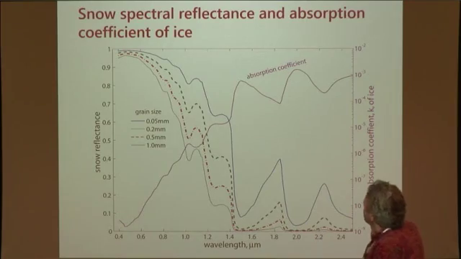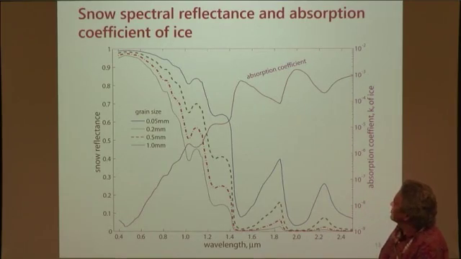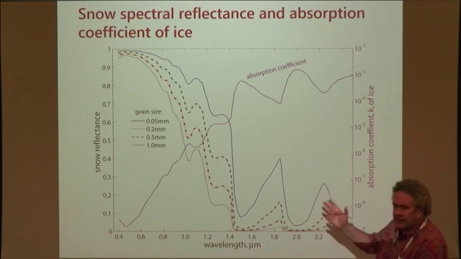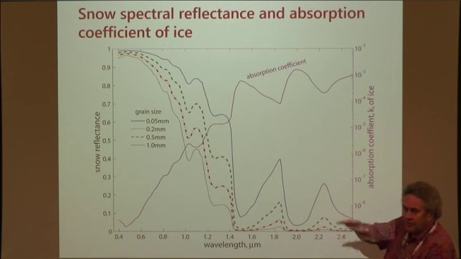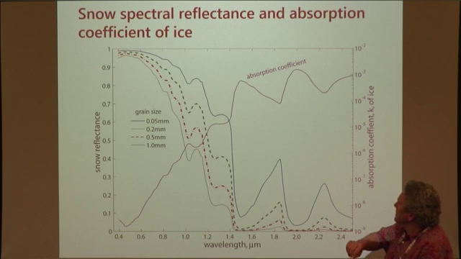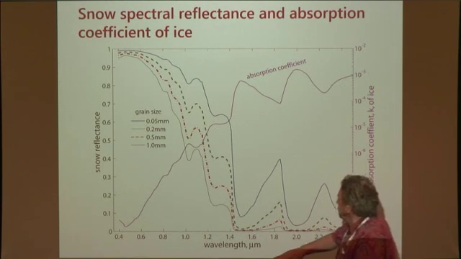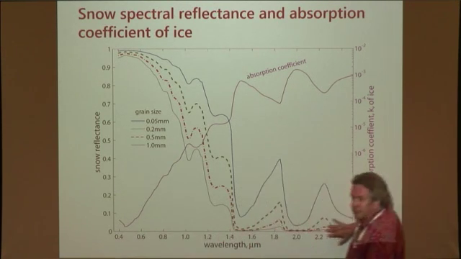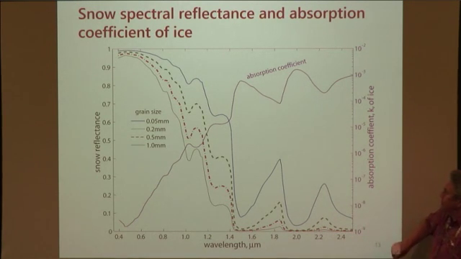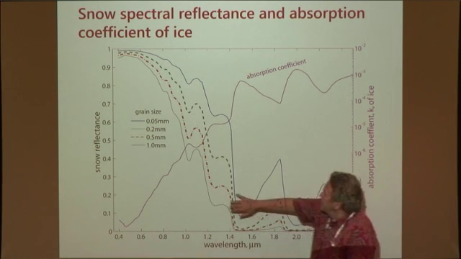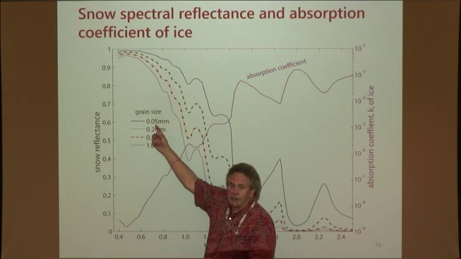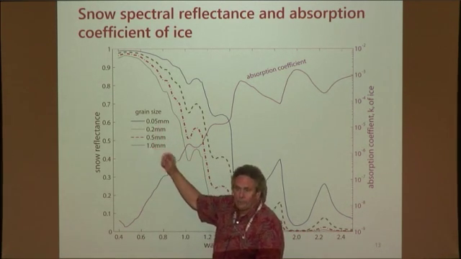And so what this graph shows is the reflectivity of deep snow for the wavelengths of the solar spectrum, for a variety of grain sizes, going from very fine grains to coarse grains.